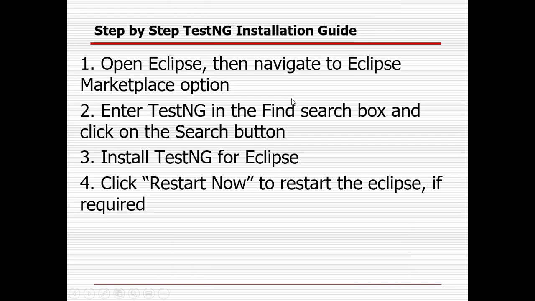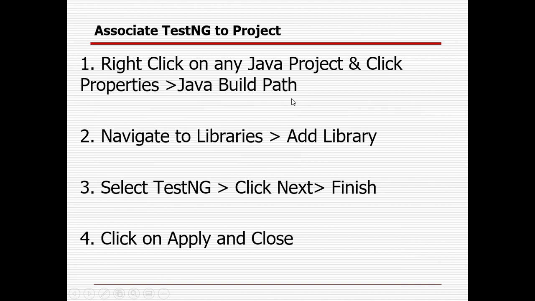Once it is installed, you need to associate TestNG with your project, otherwise you cannot get all the features from TestNG. When I cover Maven, I will show you there is no need to download any jar files or associate anything.